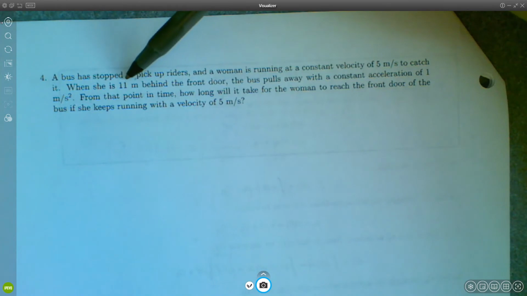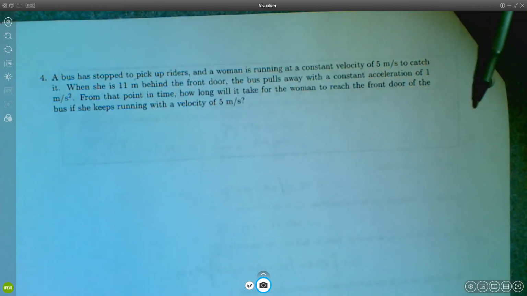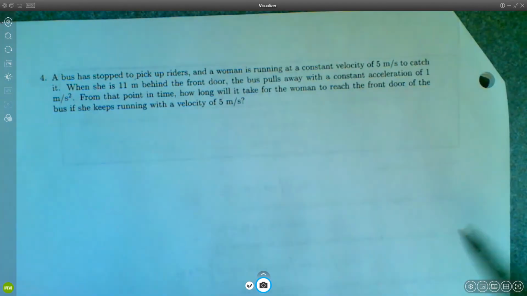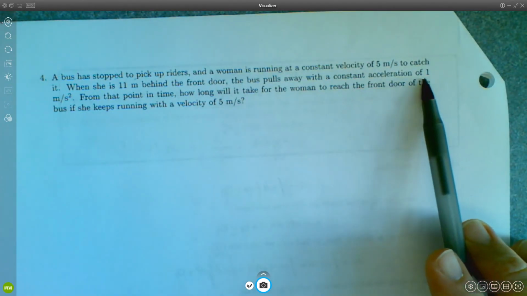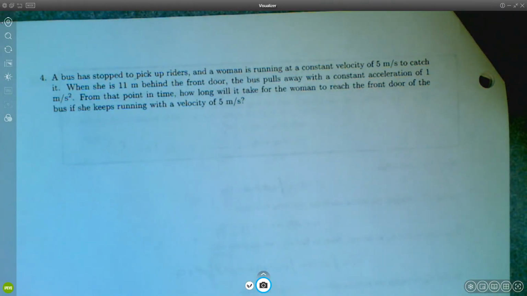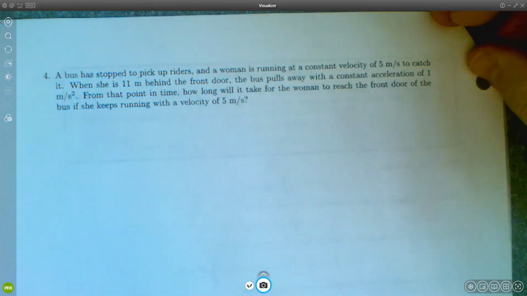However, by the time she gets there, the bus will have moved forward some more, right? And the bus is accelerating at 1 meter per second squared. So after 2 seconds, it's going 2 meters per second, I suppose. I think she can probably catch it. Well, let's see.